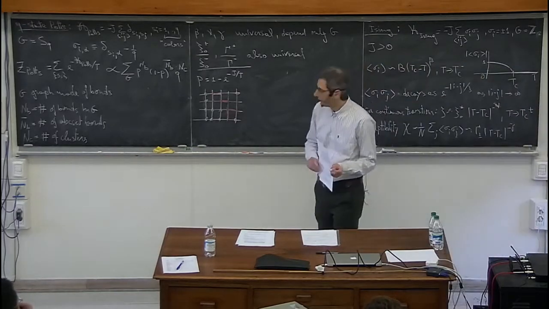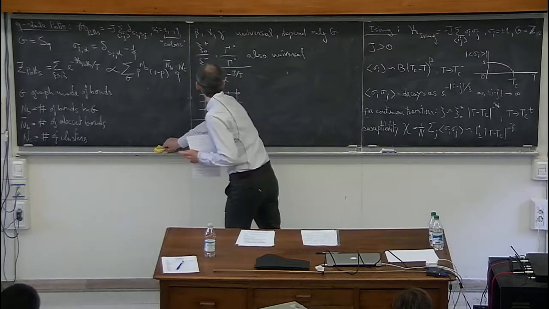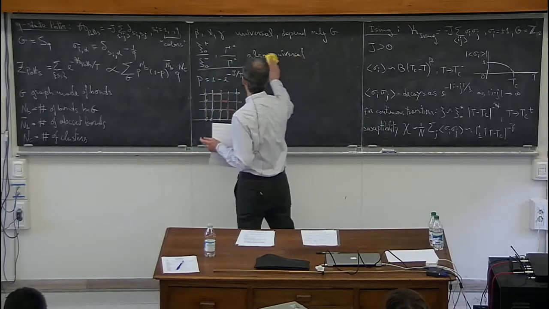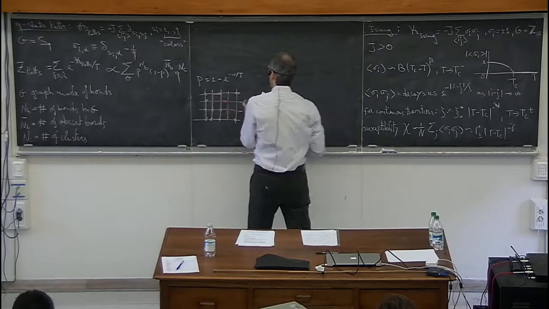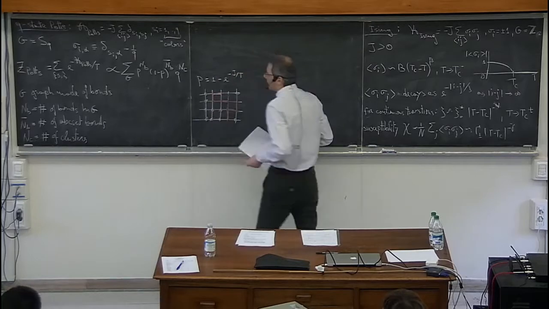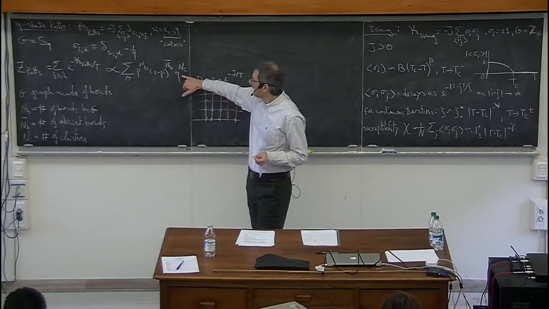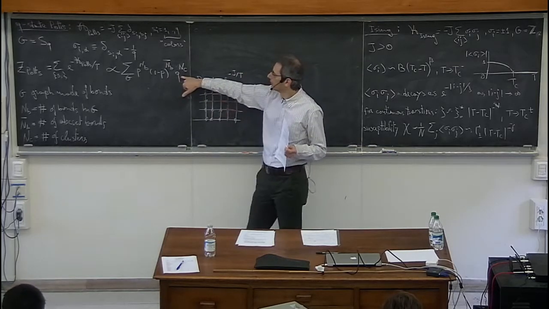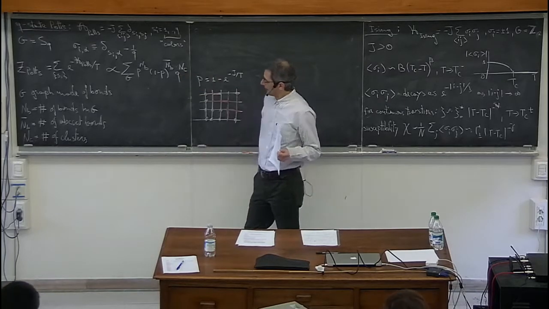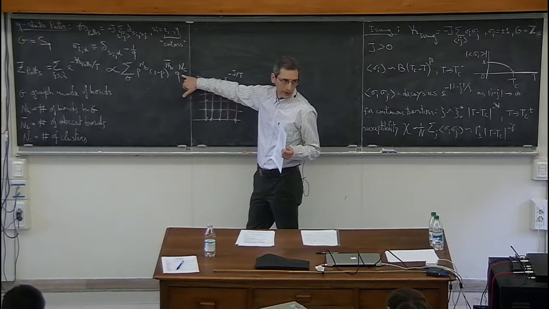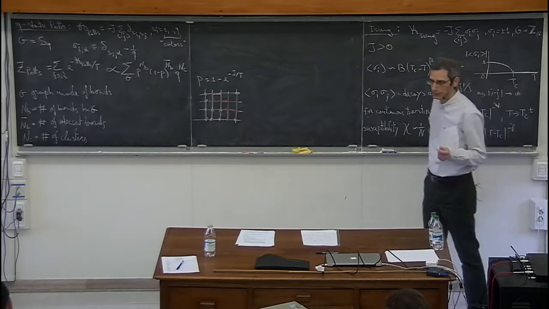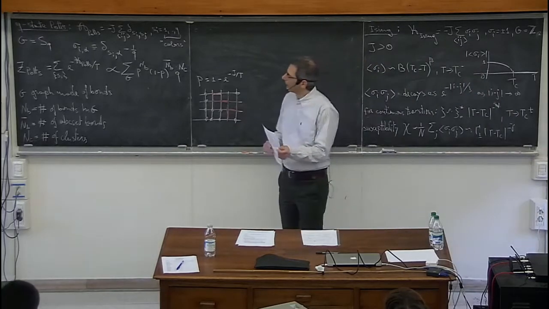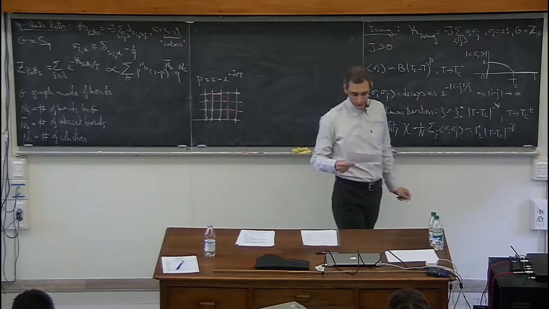So why is this interesting? First of all, in this graph expansion, Q appears in this form and can be taken as a continuous parameter. So this graph expansion makes sense of the Potts model for continuous Q, no longer an integer.